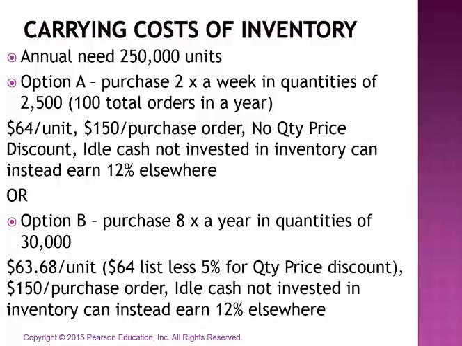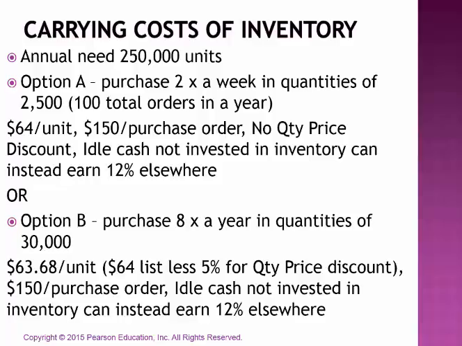We do still have the $150 per purchase order, but we're only going to do this 8 times a year instead of 100 times a year. So we plan on saving money not only on the number of purchases, but also by buying in larger batches and receiving that quantity price discount.